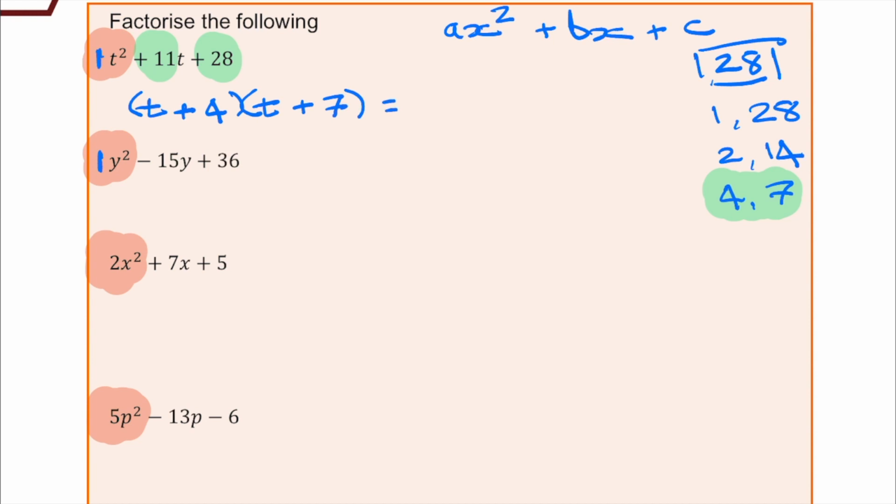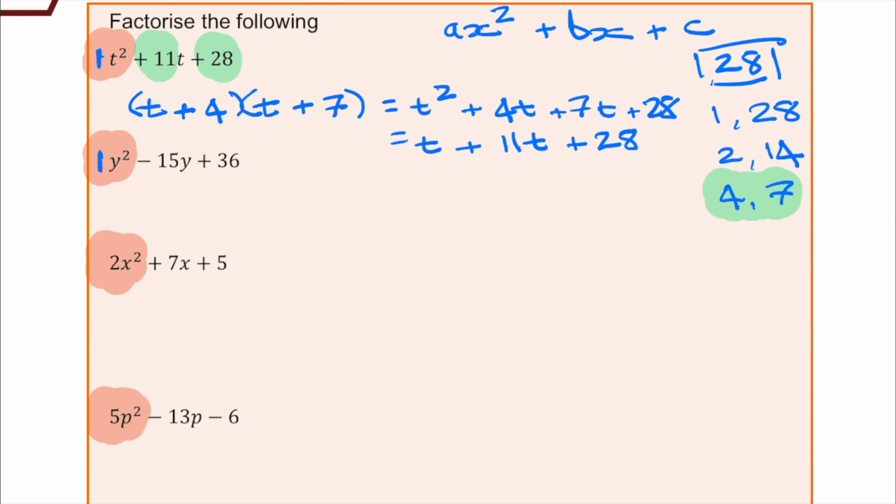If we expand this double bracket, I need to do t times t, which is t squared, 4 times t, which will give me a 4t, t times 7, which is 7t, and the 4 times 7, which is 28. Collect the like terms together. 4t plus 7t gives me the 11t. And we've got the 28 on the end. And we can see that, yes, definitely, that factorisation is correct.